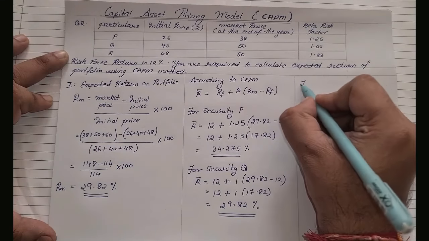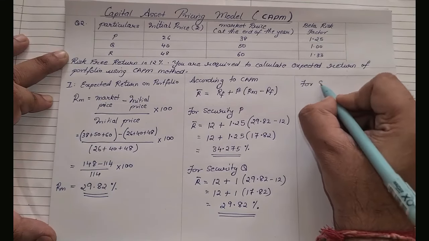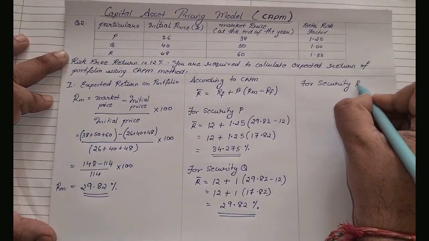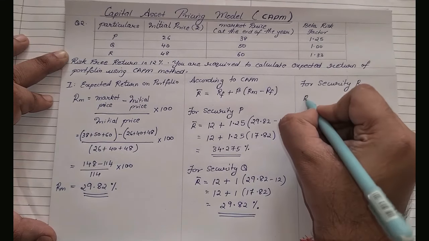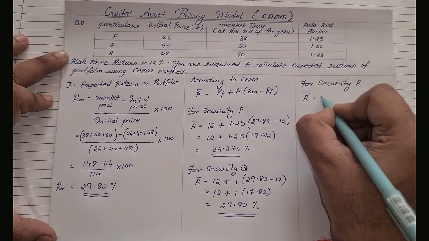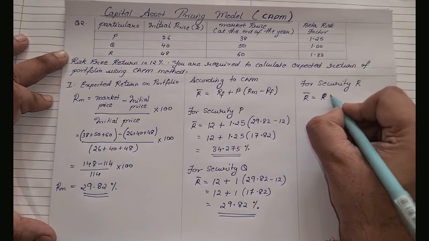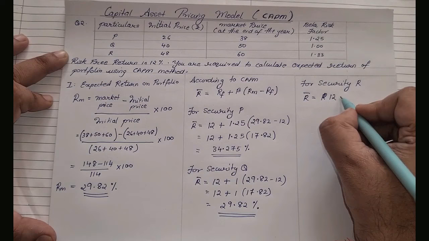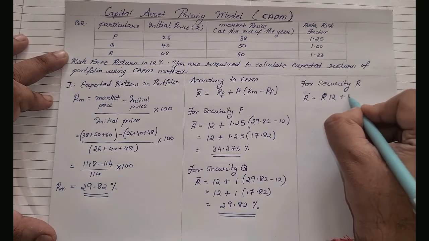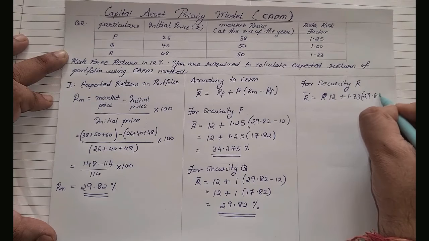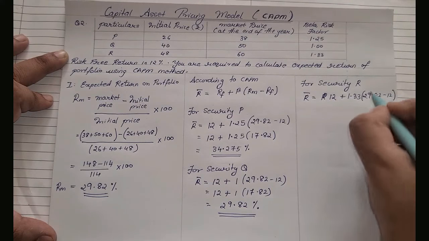And lastly, for security R, again the risk-free return would be 12, so we don't need to note down the formula because it's already written, plus 1.33 into 29.82 minus 12.